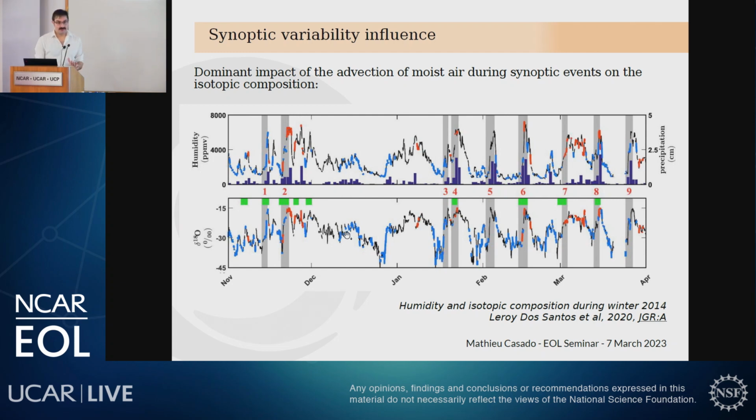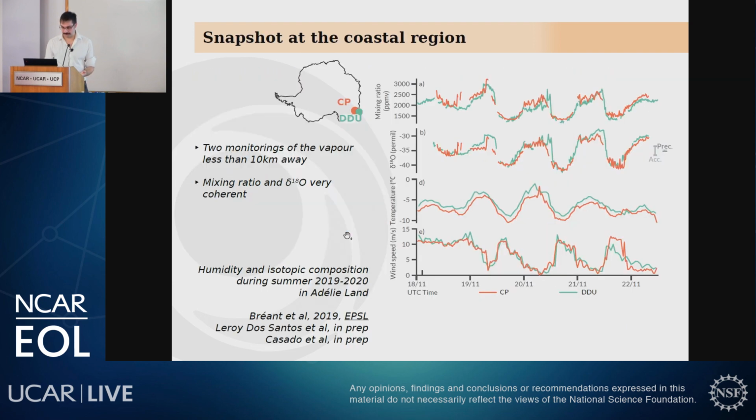So this is a very different world compared to what we obtain on the plateau, and very different from more or less what happens in ice cores. And this is a small detour, but when we were trying to think how we can bridge those two things, we also installed a couple of instruments near the coast in Antarctica.